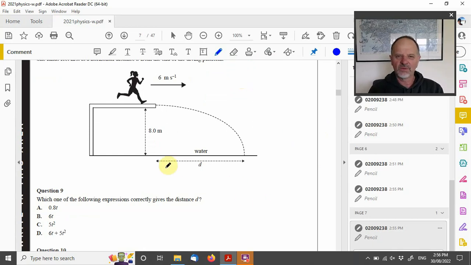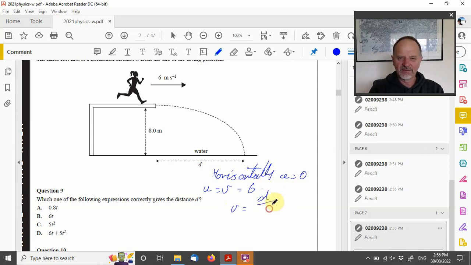Now what we're going to do is think about horizontal here, because D is the horizontal distance. So horizontally, what do we know? We know that the acceleration is equal to 0, that u equals v equals 6, and speed is distance over time.